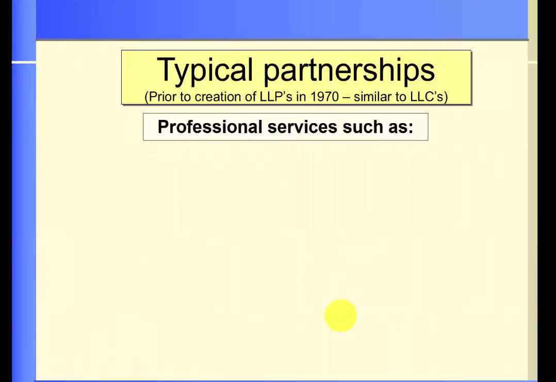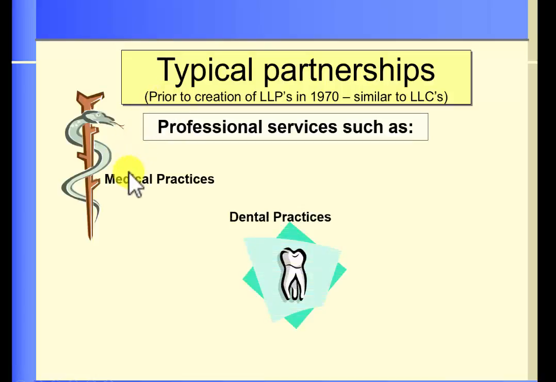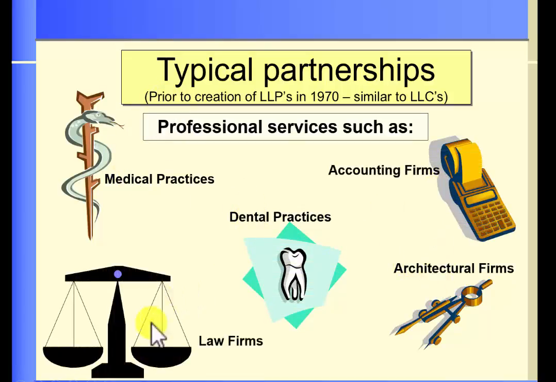Okay, so now we go on here to typical partnerships, and this is showing medical practices, dental practices, architectural firms, accounting firms, law firms. These were typical partnerships for years and years until, right around 1970, most of the states passed legislation and created another business entity called LLCs.